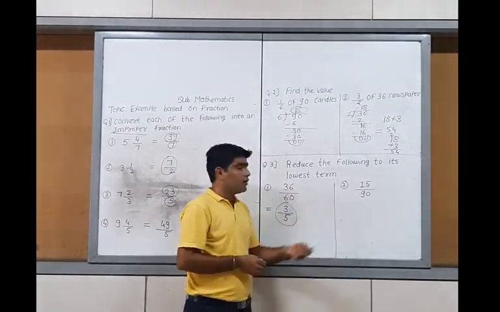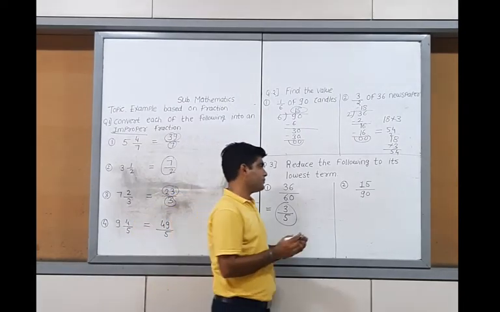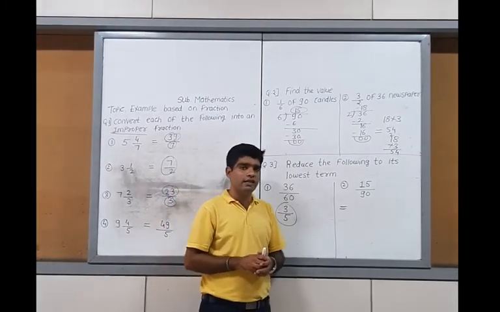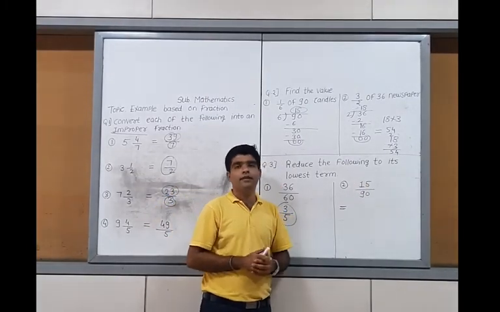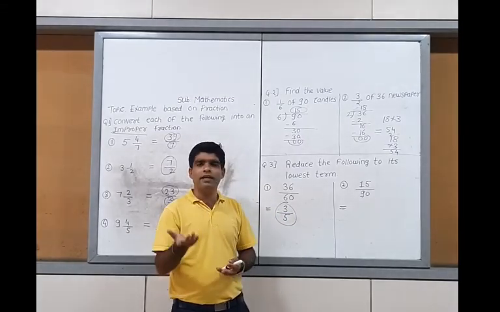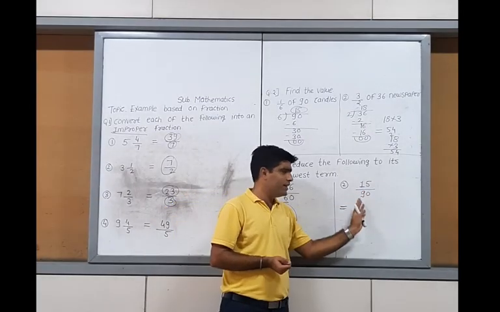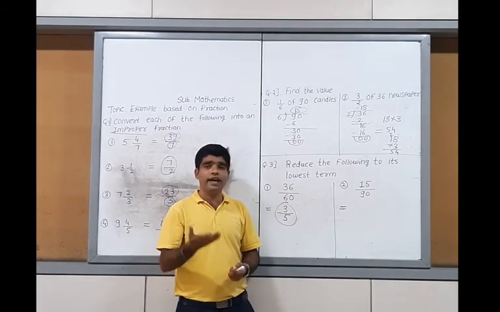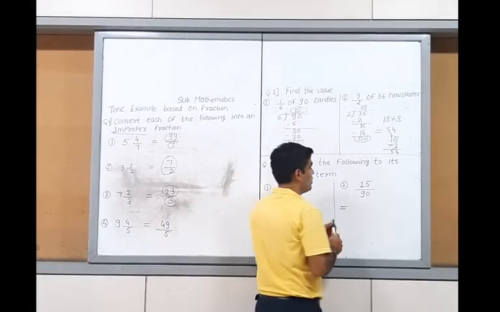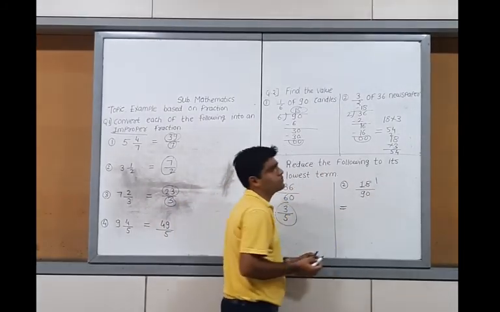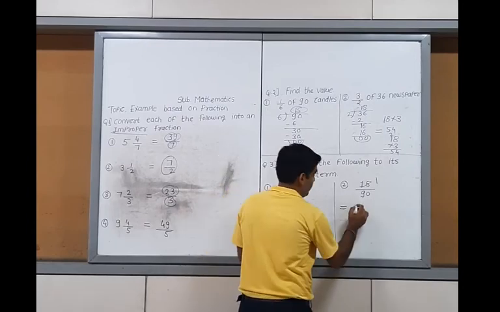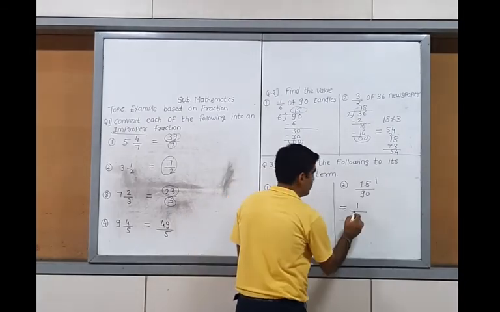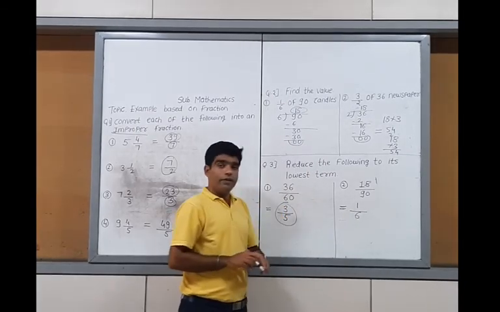Now the second example: 15 upon 90. We solve this example the same way. 15 upon 90 is directly divisible by 3 because 3 5s are 15, and 90 is also divisible by 3. Otherwise, we can directly divide by the 15 table, because 15 1s are 15 and 15 6s are 90.